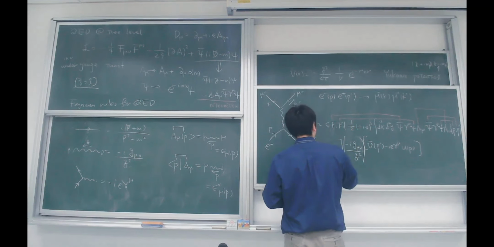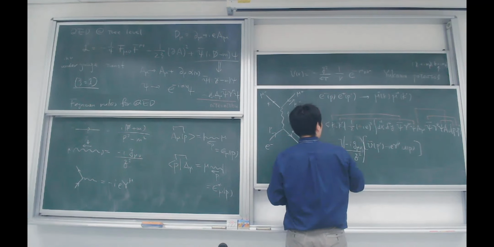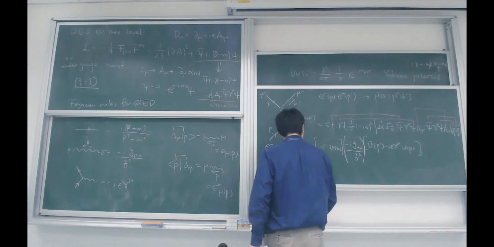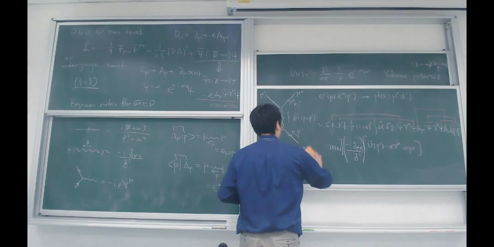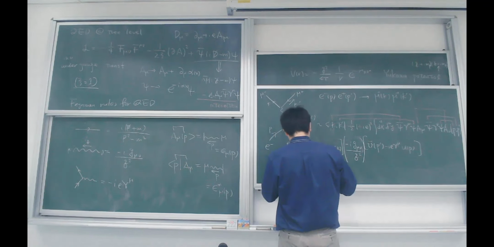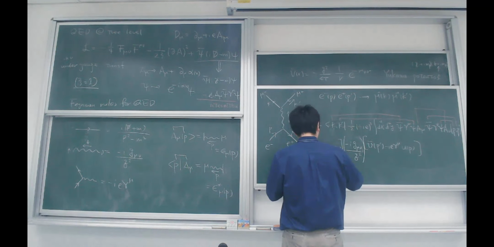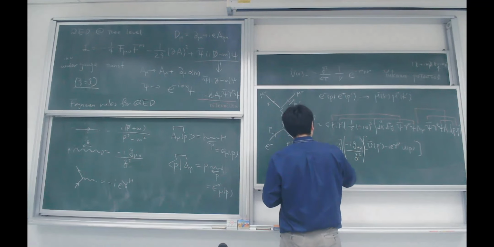And then here you contract k, so v bar(k), minus i, sorry, I don't have space to write. So this is u(k prime), no, v(k prime), sorry, v(k prime) minus i e gamma mu.